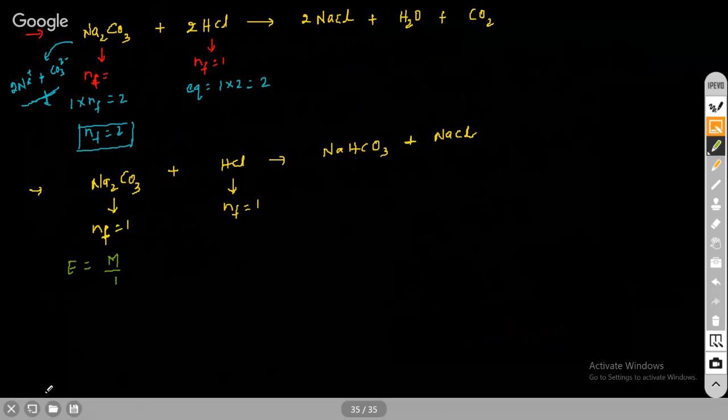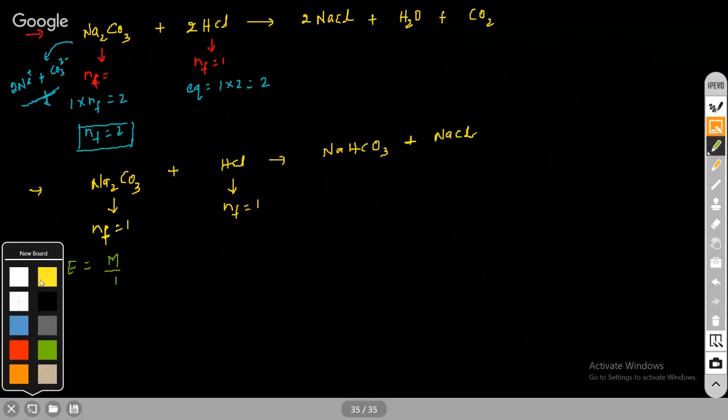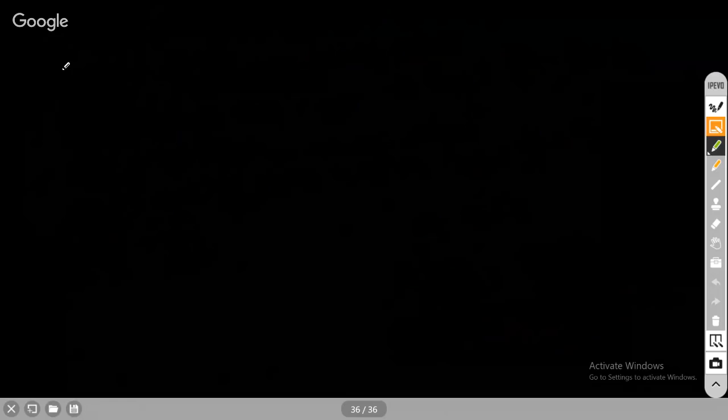Now the other calculation of n factor we have is, so basically if you know n factor you can find out equivalent weight. Okay, that is molecular mass or atomic mass divided by that.